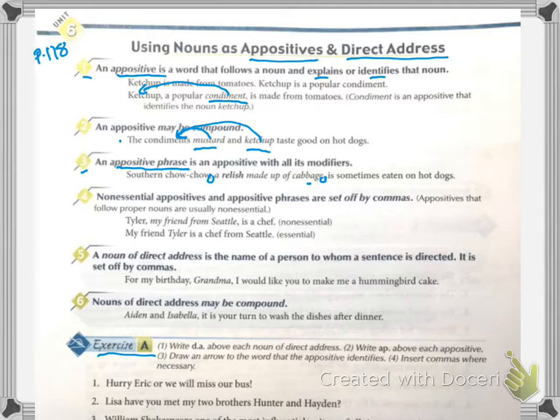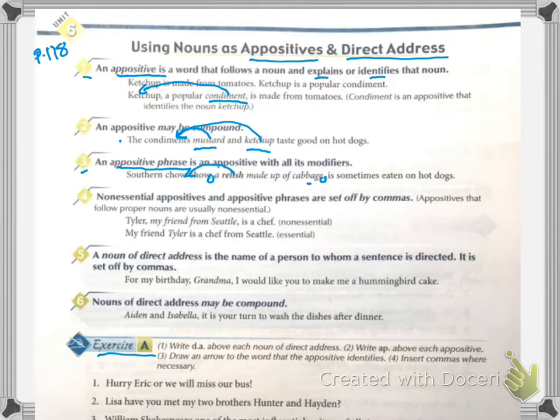There's one word that's the appositive. Relish is renaming chow chow or explaining chow chow. And these are relish's modifiers: a, made up of cabbage. So altogether, this is a phrase working together as an appositive, and we're going to set it apart with commas.